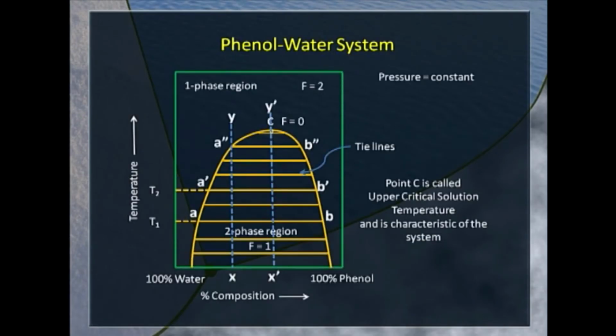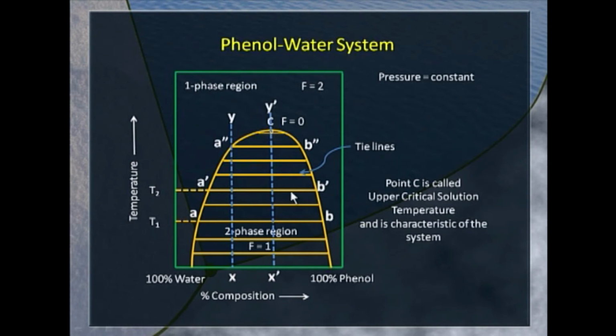Let us see the changes that are taking place when we deal with such phase diagrams. You start with the phenol water mixture with this composition. As you heat it and take it to temperature T1, with this original composition, the system is in two phases, one with the composition A and the other phase that is in equilibrium with composition B. And as you heat it, say to temperature T2, the composition now of the two phases is A prime and B prime, and the relative amounts of the two phases are given by the two arms of the tie line.